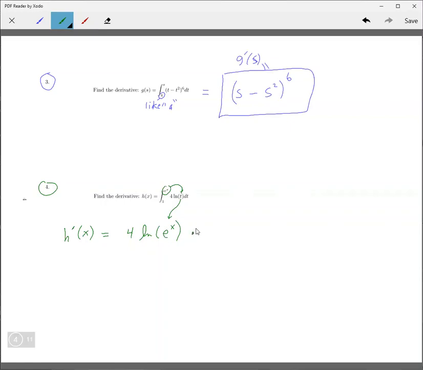And then you multiply by the derivative of e to the x, which is just e to the x. Derivative of e to the x is just e to the x. Okay, so this is going to be your answer. However, log of e to the x is just x, so you just get 4x e to the x for that one.